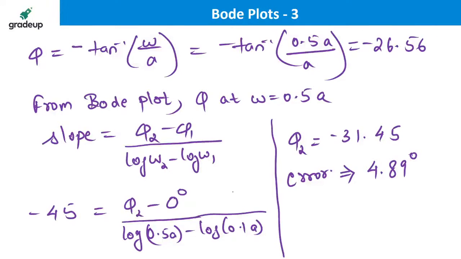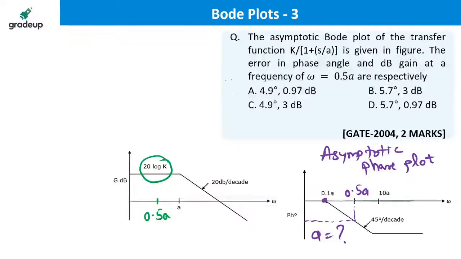This is the approximate result, and the upper one is the actual result. The difference is 4.89, which makes me mark option A. 4.89 is approximately 4.9 degree and 0.97 dB. That's the final answer, option A.